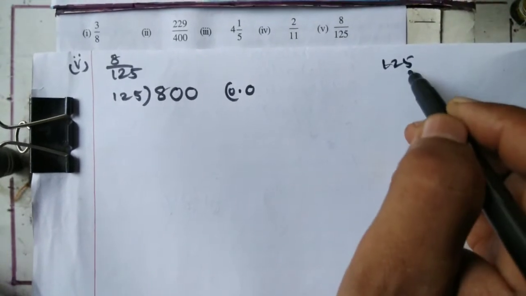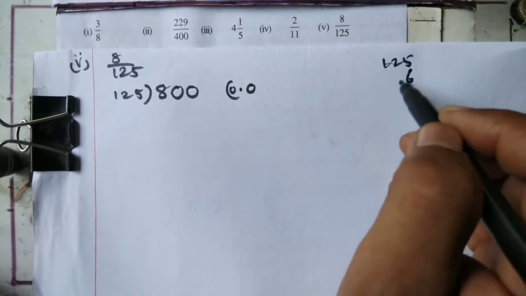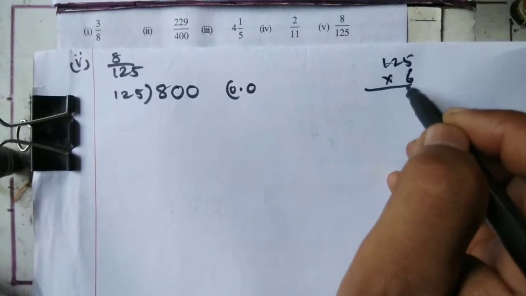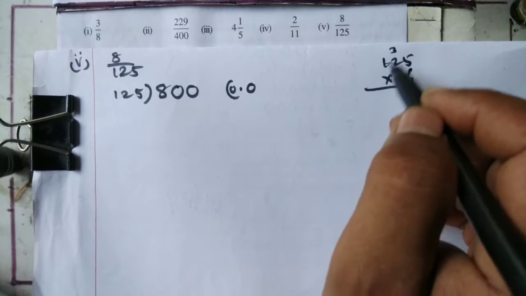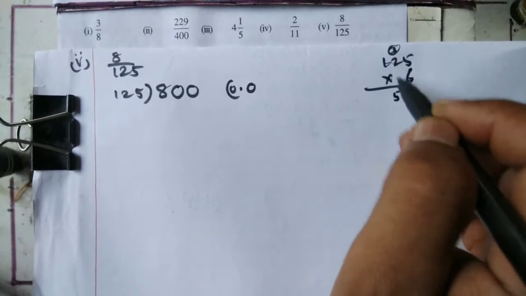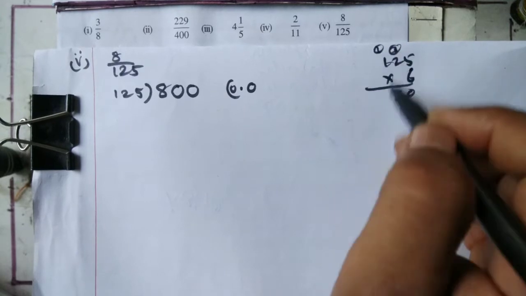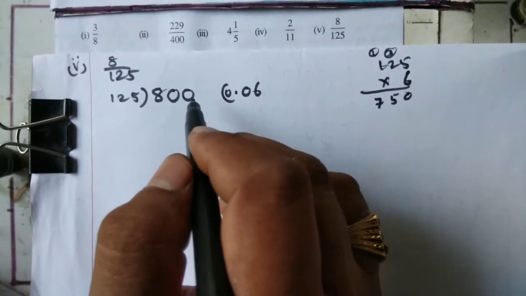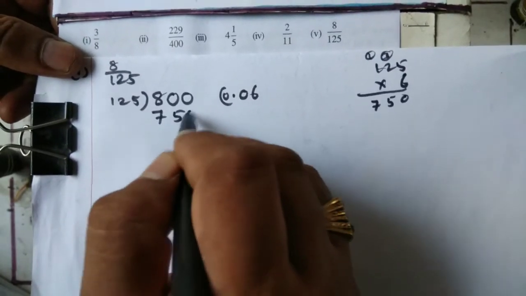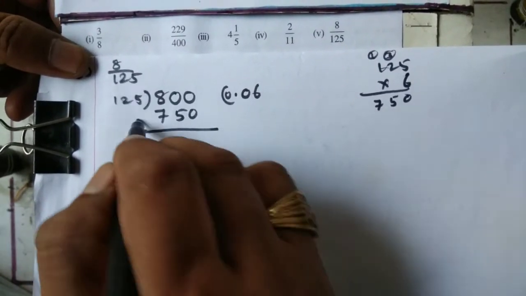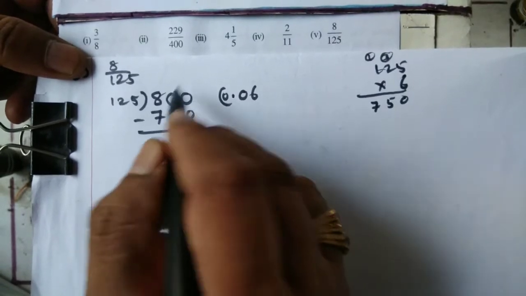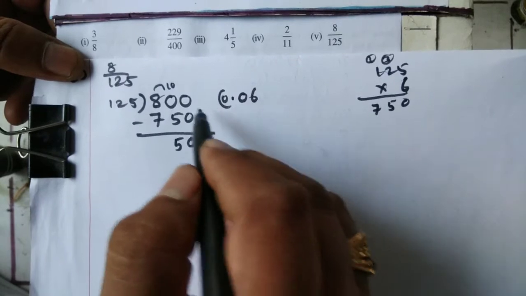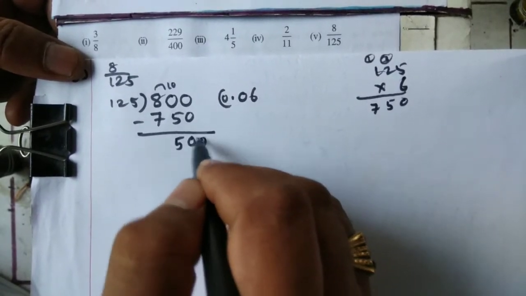125, 6. 6 5s are 30. 6 2s are 12. 15. 6 1s are 6, 7. So 125 6s are 750. 0. 5. So bring down 1 0.